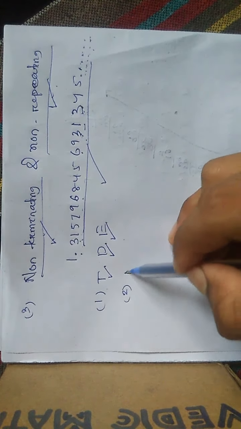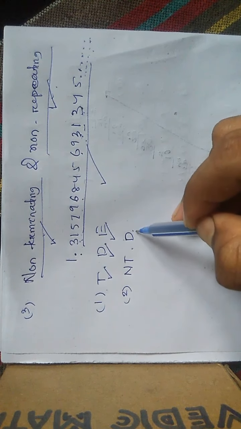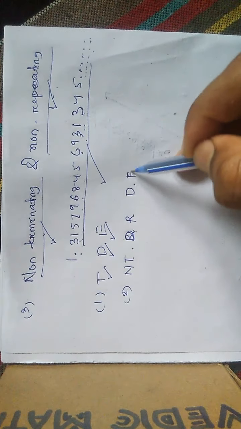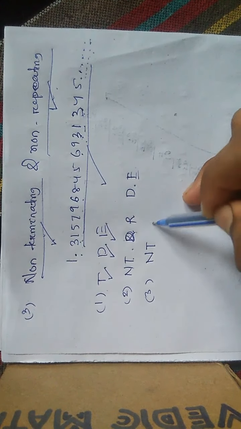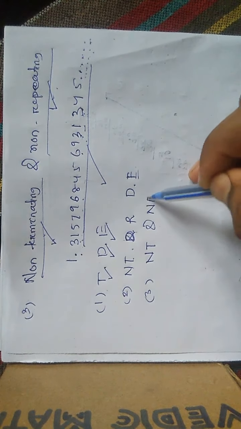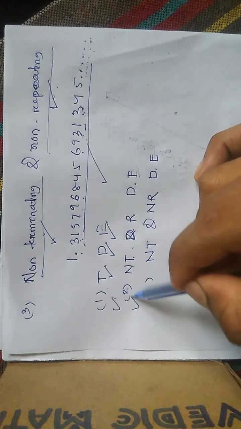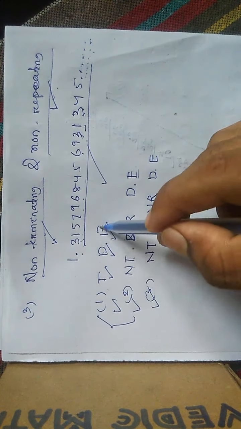The second one is non-terminating and repeating decimal expansion. And the third one is the non-terminating and non-repeating decimal expansion.